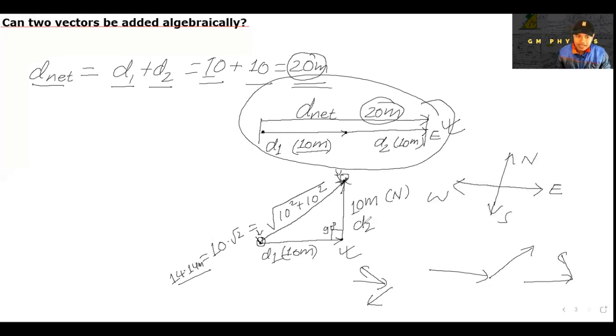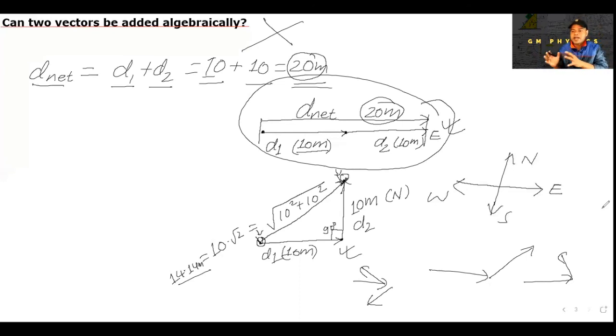So we say vectors don't follow algebraic addition. What they follow, we'll study in detail in the coming lectures. But for right now, we understand that vectors don't follow algebraic addition. They follow some other special laws of addition, which we call the vector law of addition.